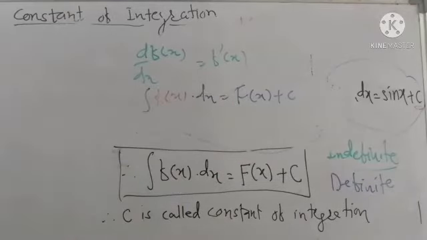So remember the notation. We denote the derivative of a function by f dash x and the integration of that function by capital F of x. Similarly, if g of x is a function, then its derivative will be g dash x and its integration will be capital G of x plus c. Remember, we put the constant of integration c after completion of each integration.